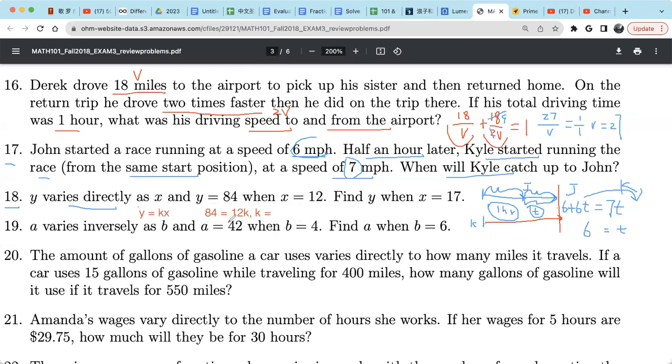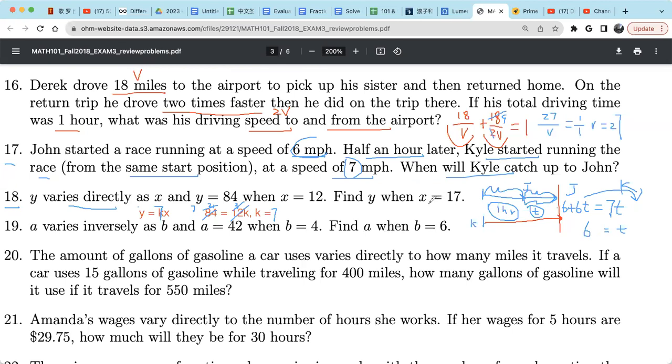Let me simplify with this. Okay, let's divide by 4 first. I have 3. Divide by 4, I have 21. 21 divided by 3 is 7, right? So k equals 7, which means, okay, I can change this k now. So y equals 7x.